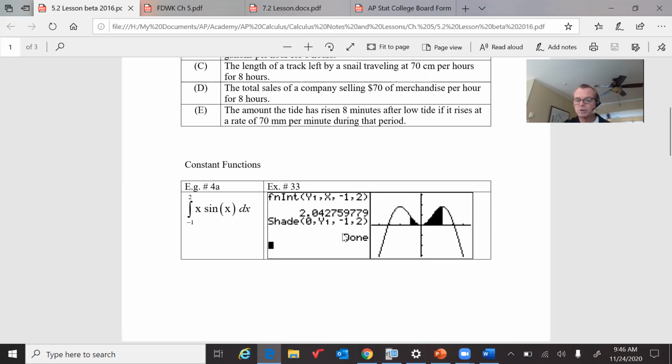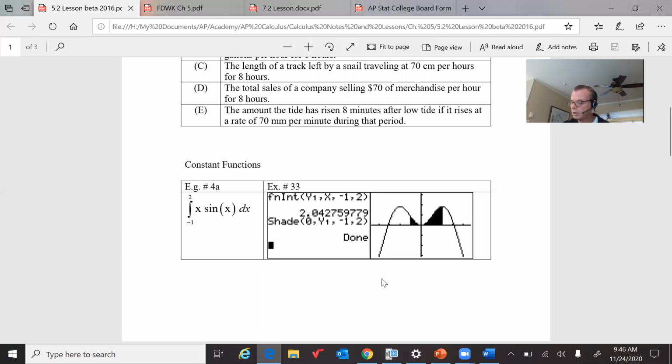And I drew the picture and shaded in what the area is, which you don't need to know how to do. I'm just saying, use the shade function on the calculator and go from the x-axis up to y1 between those 2 values. That's what's being asked. Okay.